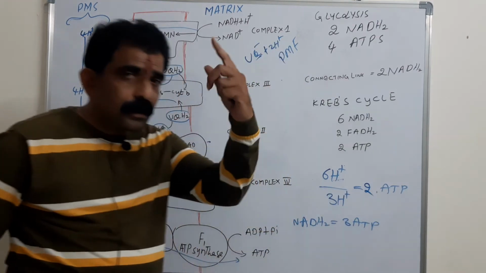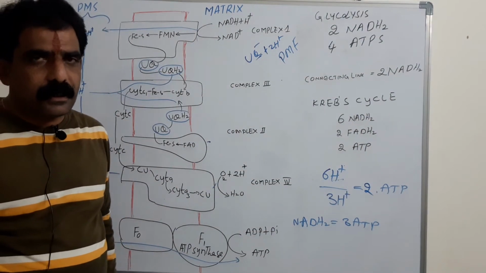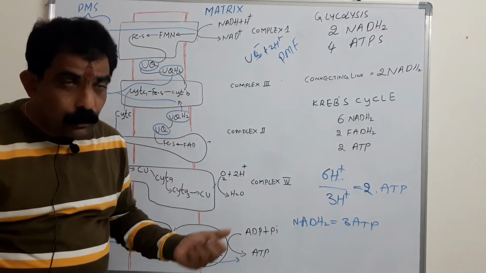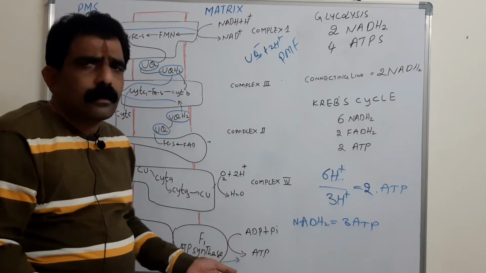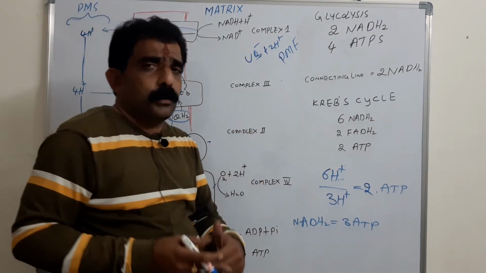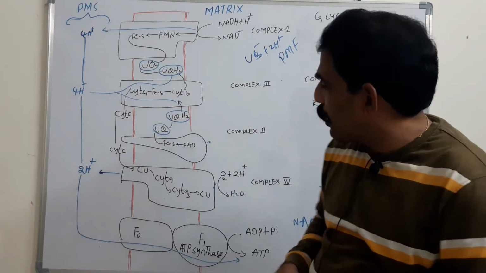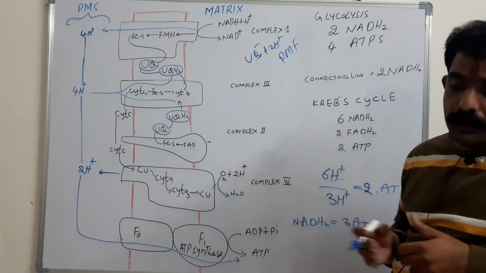If it is NADH2, 10 are pumped out, 10 flow back, 3 ATPs are generated. But in the case of FADH2, only 6 protons are pumped out. If all 6 flow back, 6 by 3, 2 ATPs. That is why one FADH2 is equal to 2 ATPs, whereas one NADH2 equals 3 ATPs.